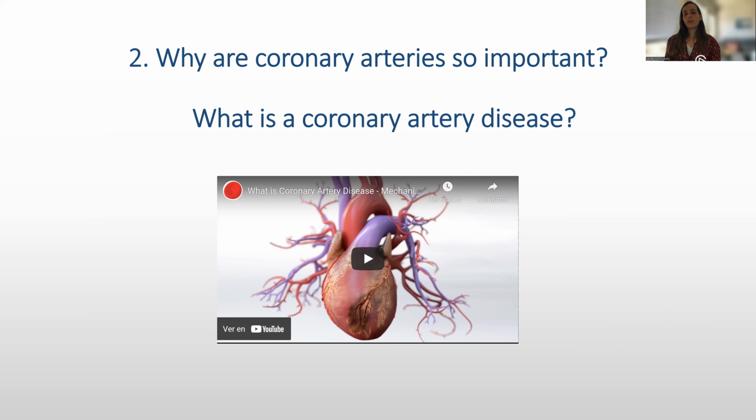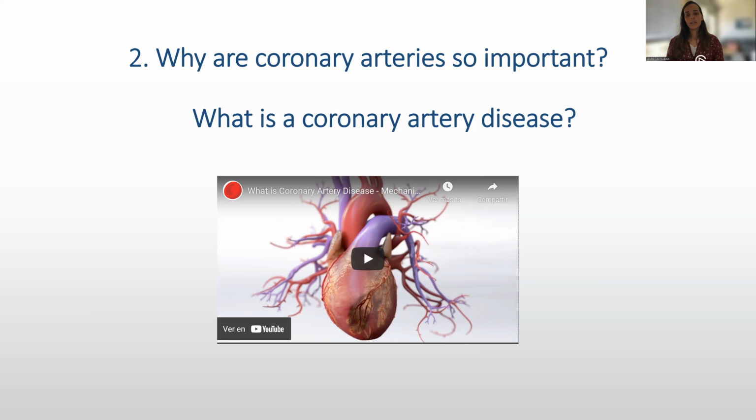What is coronary artery disease? So coronary heart disease or coronary disease, it doesn't matter, is characterized by the buildup of fatty deposits along the innermost layer of the coronary arteries. Fatty deposits can develop in childhood and continue to thicken and enlarge through life.